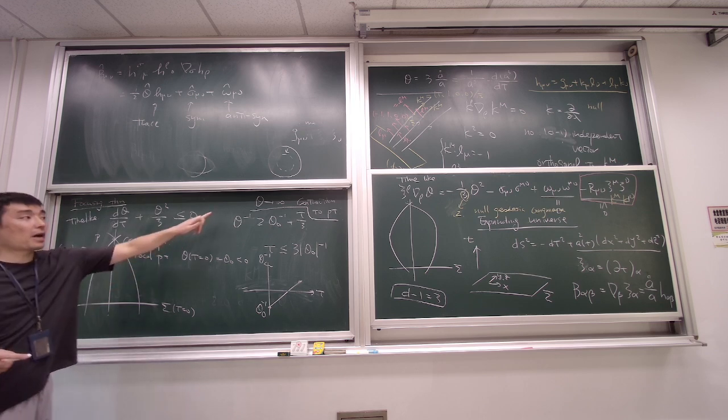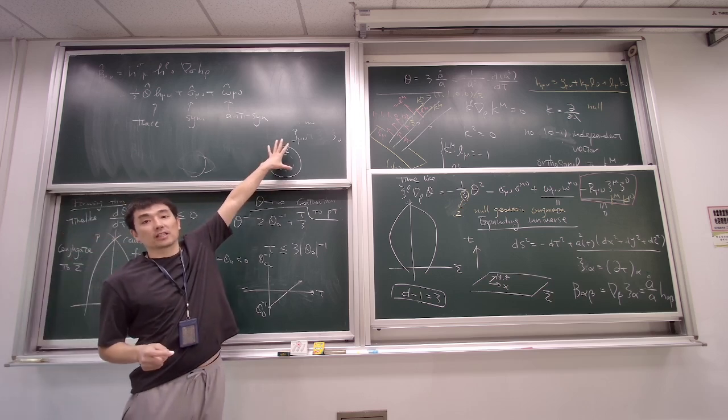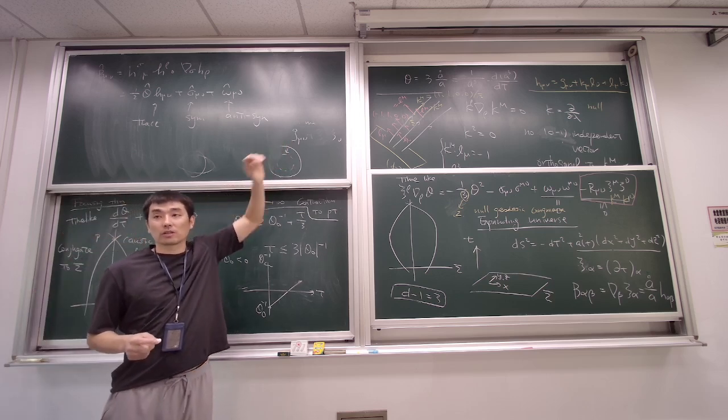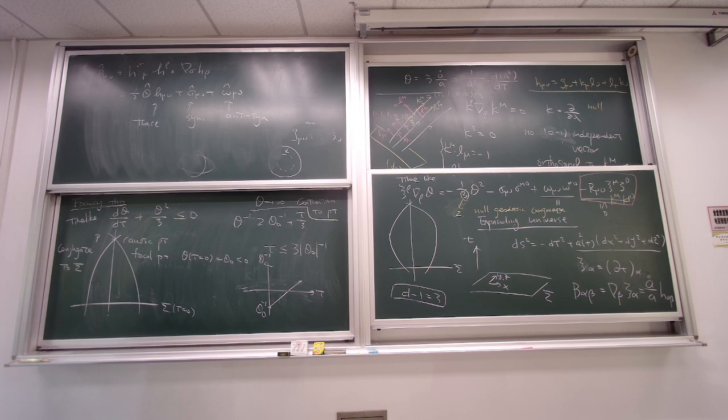So when theta diverges, it really means this area goes to a point, so you cannot measure the area. Light does not go to infinity, rather it goes to a point. Theta means expansion or contraction, right?